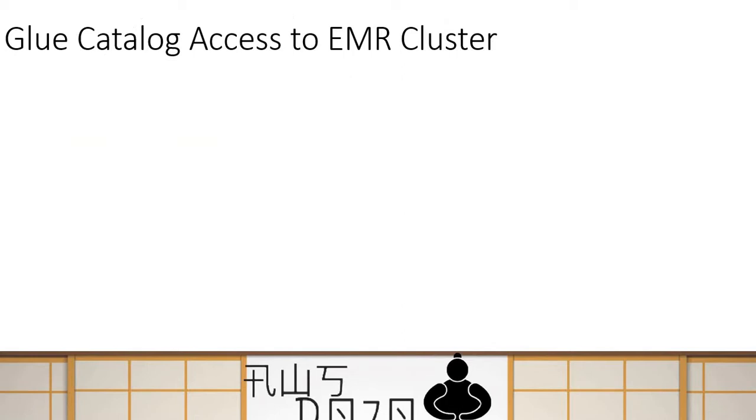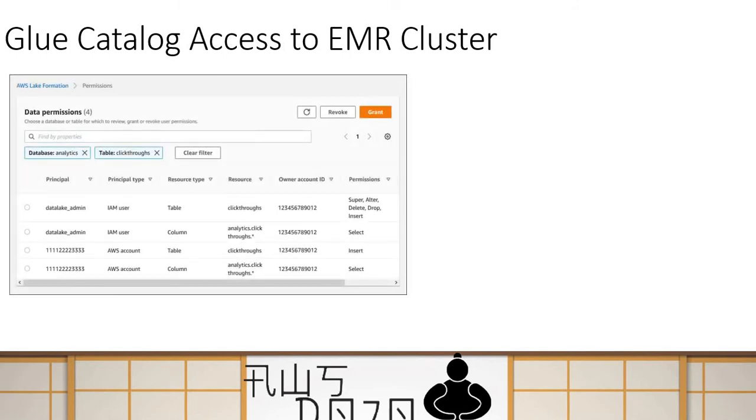Now, how does Glue Catalog provide access to the EMR cluster? If you're using Lake Formation, and I mentioned earlier as well, once you have configured your Glue Catalog, you can use AWS Lake Formation to set up permissions for the tables. In this case, you can see I've just taken a snippet from one of the AWS articles.